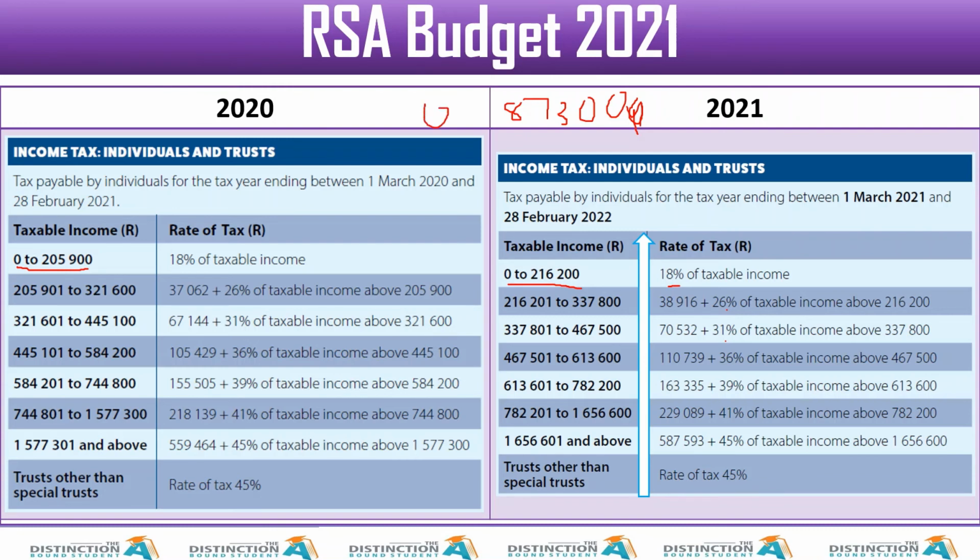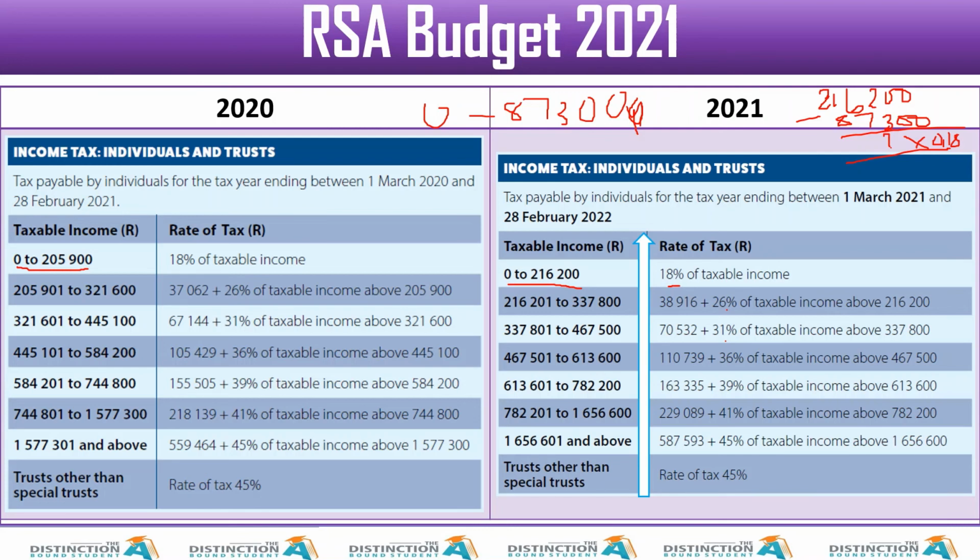So you pay zero from 0 to 87,300. Then if you want to calculate for someone who earns, let's say, 216,200 in a year, because that's the figure that I used, you take 216,200 minus 87,300, and the answer you get, you multiply by 0.18. What you get is the tax that will be paid.